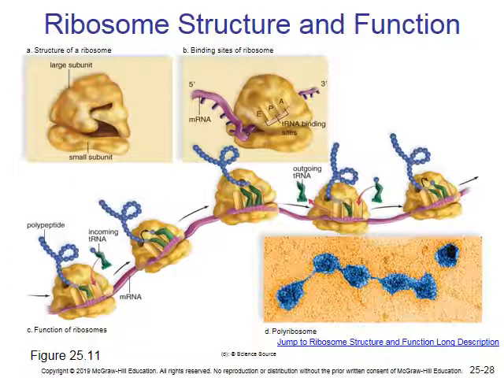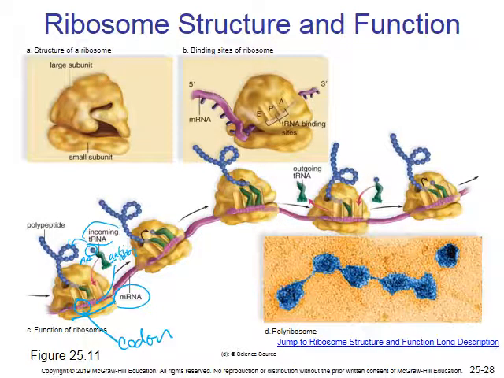So maybe this image makes a little bit more sense now. We have our messenger RNA sequence. Every 3 nucleotides is a codon. We have our transfer RNA, and this is our anticodon, and it's bringing in an amino acid. If the anticodon and the codon match, that amino acid will be dropped off to the growing polypeptide strand.